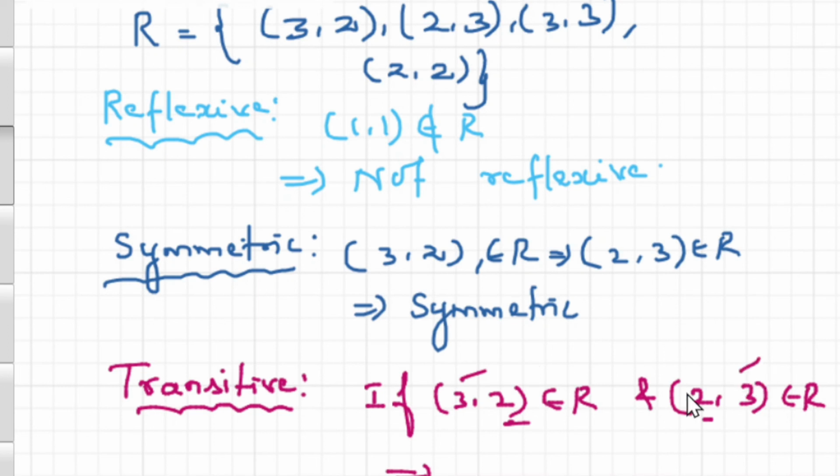And look at this one, 3 comma 3 also belongs to R. If we have any other pairs like 2 comma 3 and then 3 comma 3, we get 2 comma 3, which is also the same thing. And if you have 3 comma 2, 2 comma 2, then 3 comma 2 is there. So therefore this implies it is transitive. It is not reflexive, but it is transitive and it is symmetric.